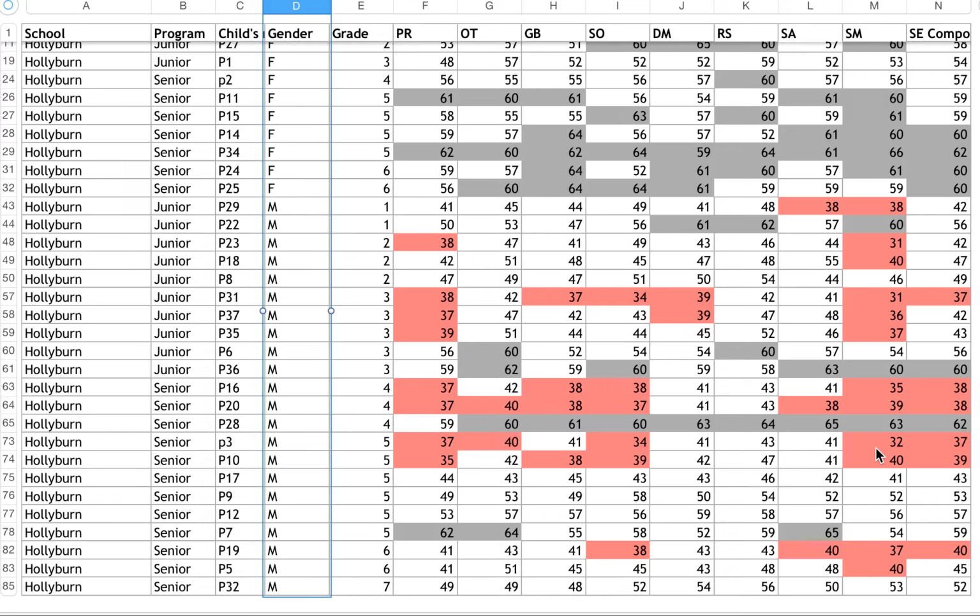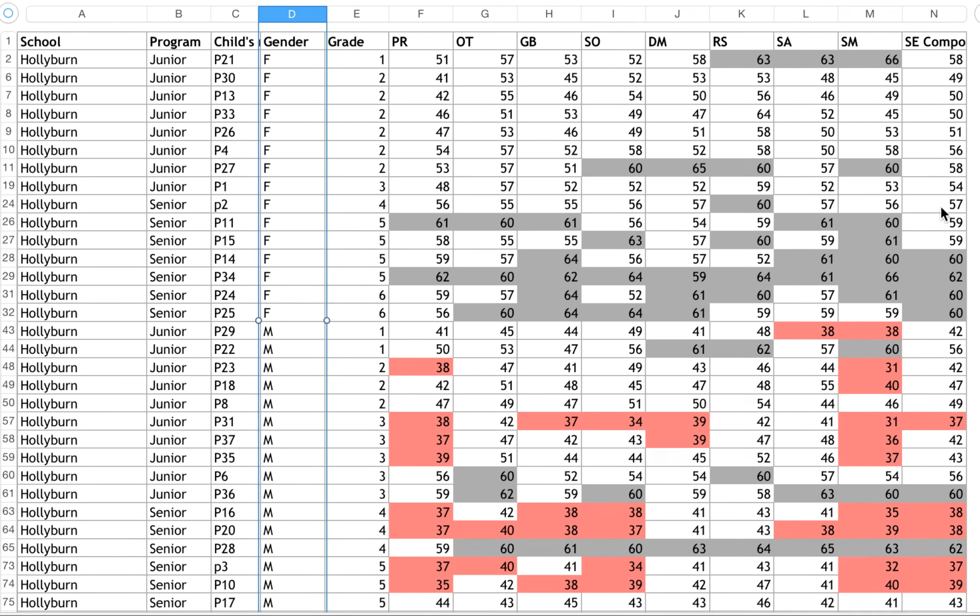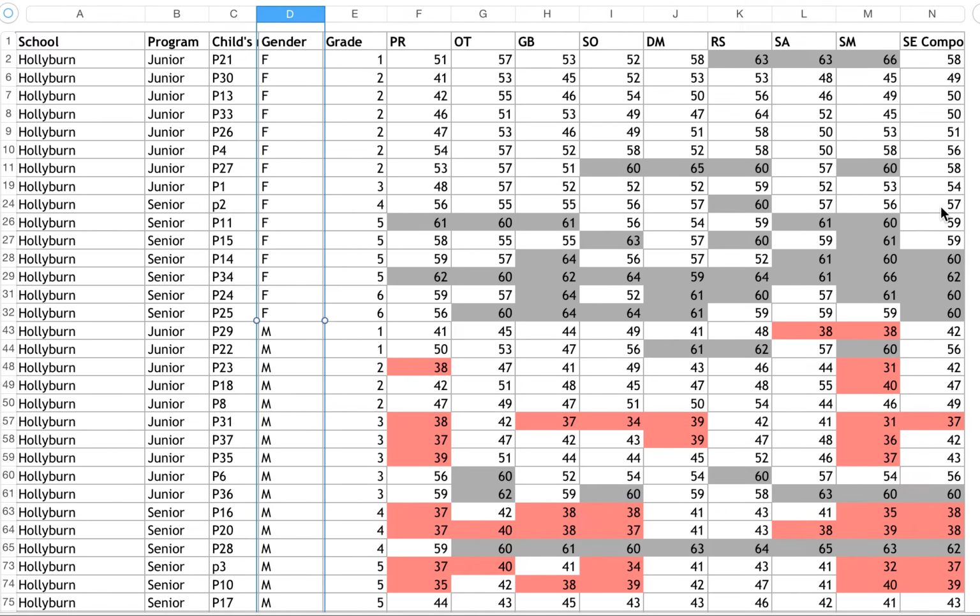Again, this reveals a very interesting distribution that we can look to either balance or make interesting choices in terms of our group selection and distribution. Another interesting clustering we can look at is among the different social emotional competencies.